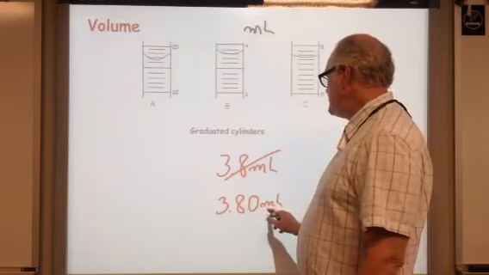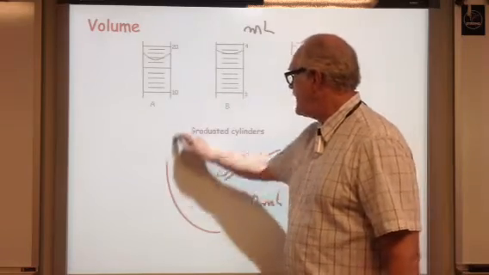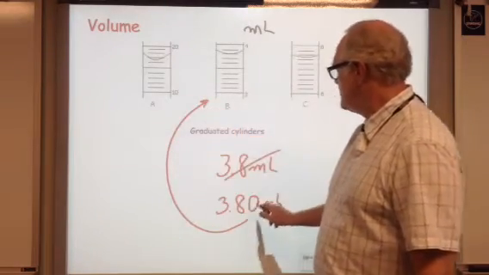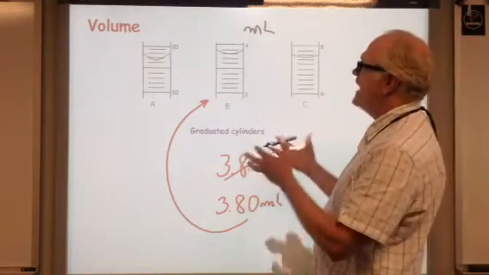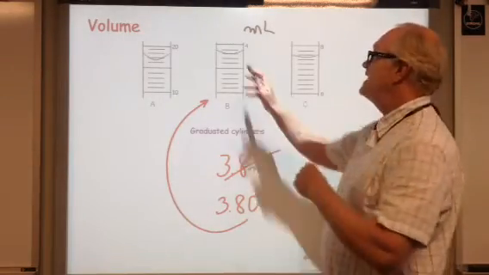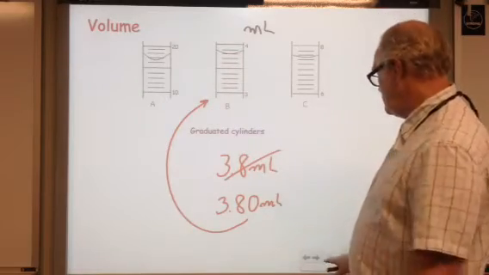So the correct measurement from this graduated cylinder here is 3.80 milliliters. The estimated 0 tells a reader that I think the bottom of the meniscus is right on the 3.8 mark.